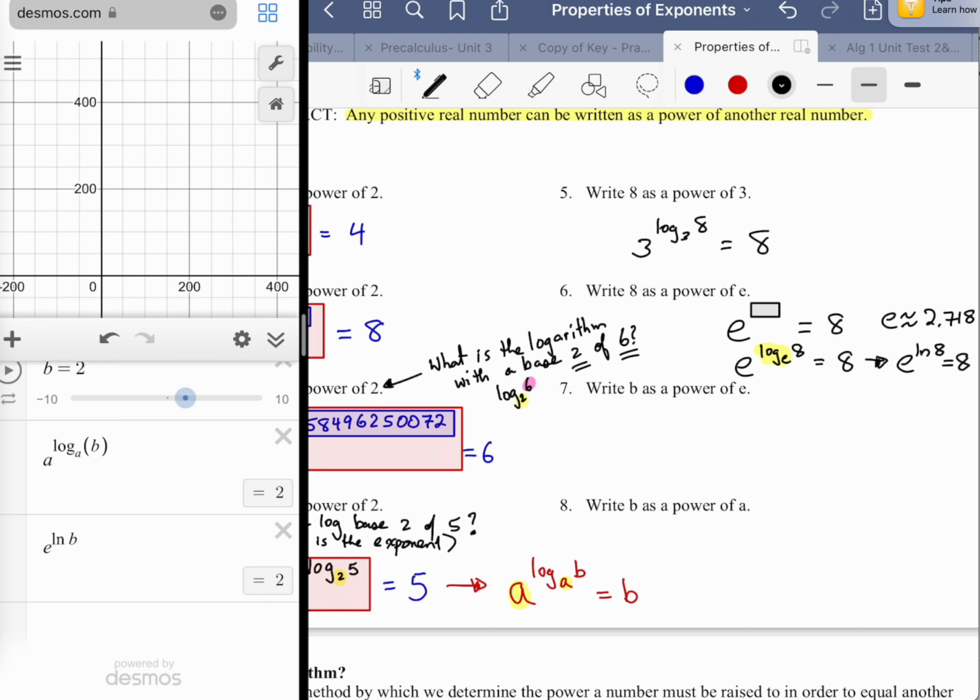All right, so writing b as a power of e, e to the log base e of b, would be equal to b, which is the same as saying e to ln of b is equal to b. All right, and this is the foundation of one of our log rules that we came up with last week. The idea that any number can be written as a power of e. All right.